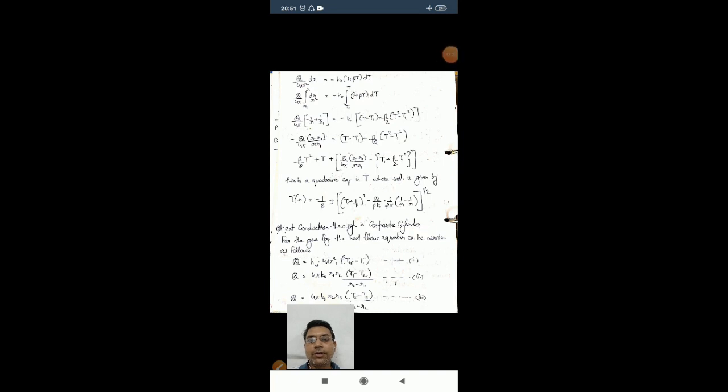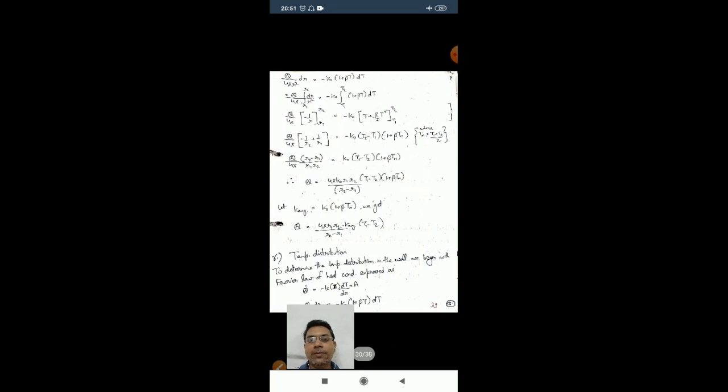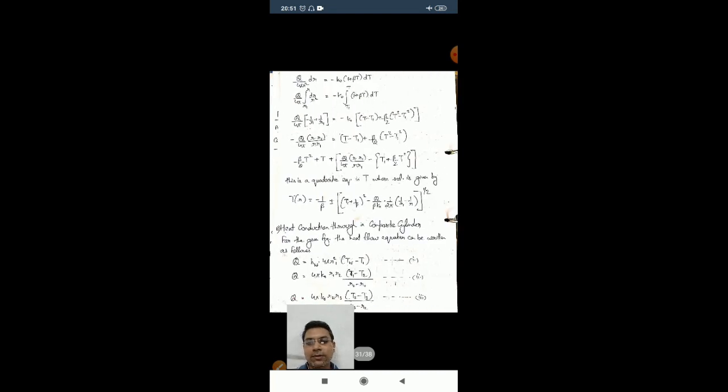Now substituting all the values and integrating within the limits of R1 to R2 with T1 to T, where T is any general temperature at location R, we get the temperature profile. Now you can see that temperature T is again quadratic in T, whose value is given by this function.